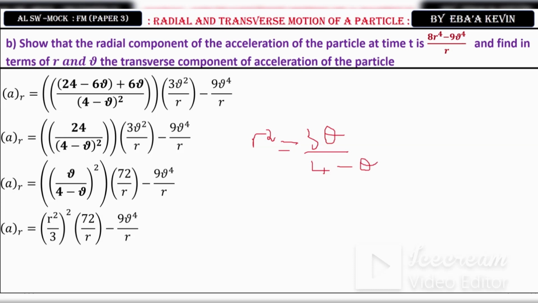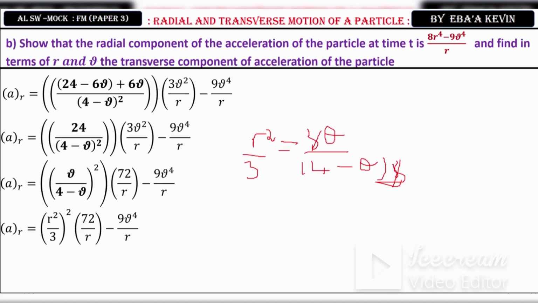If we want to get theta divided by 4 minus theta, we divide all through by 3, this expression by 3 and this other one by 3. Excuse me if my writing is not so good. The 3 cancels this other 3, from which theta divided by 4 minus theta gives us r squared divided by 3, which I have proved here.